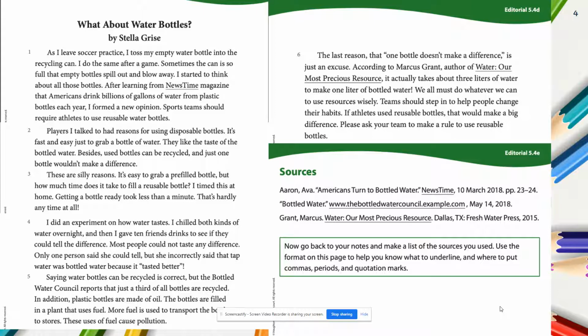We all must do whatever we can to use resources wisely. Teams should step in to help people change their habits. If athletes use reusable bottles, that would make a big difference. Please ask your team to make a rule to use reusable bottles. Then the sources, which were the resources that they used to research the information, were listed.